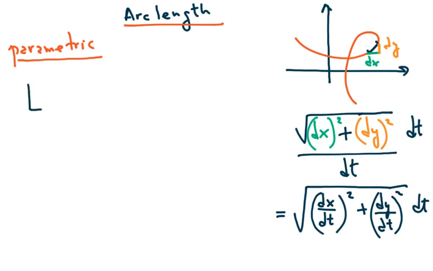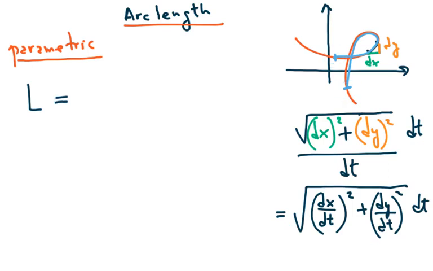So the length of the curve from a certain parameter to wherever we want to finish, we have to just add all these little pieces from the first value of t to the last value of t.